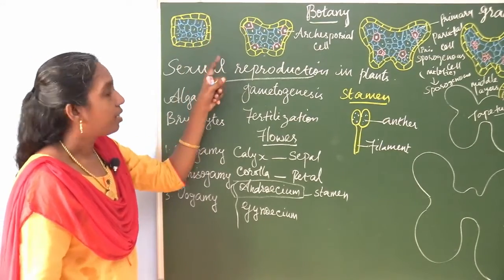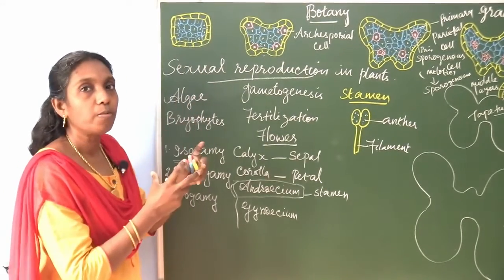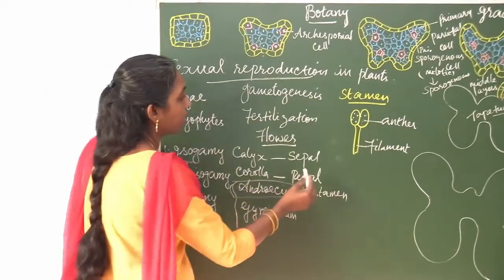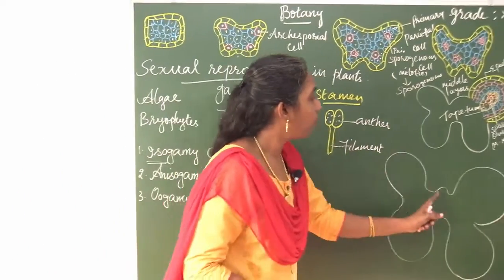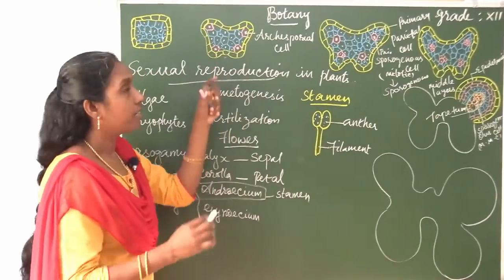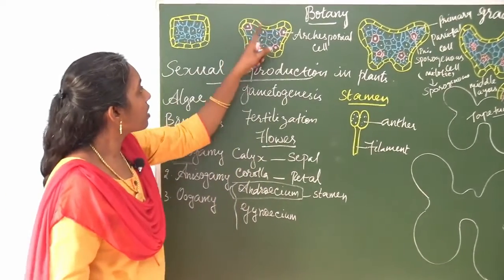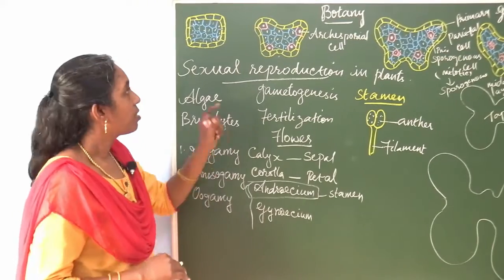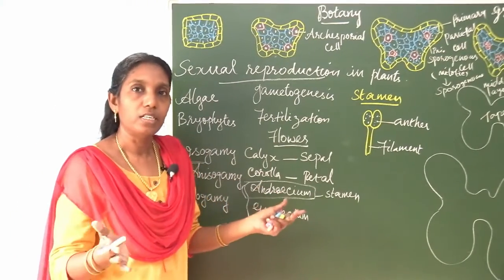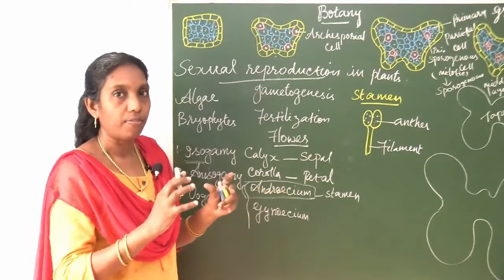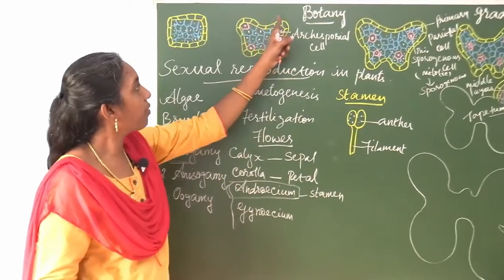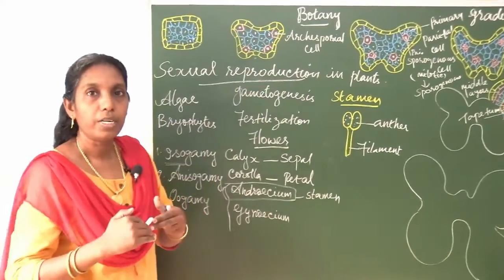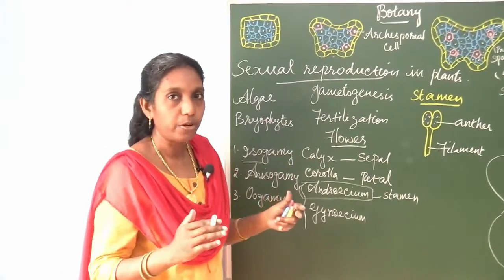Now this anther assumes a four-lobed structure in the initial stage. Inner to the epidermis, the outermost layer of each and every part, there are some layers of hypodermis.